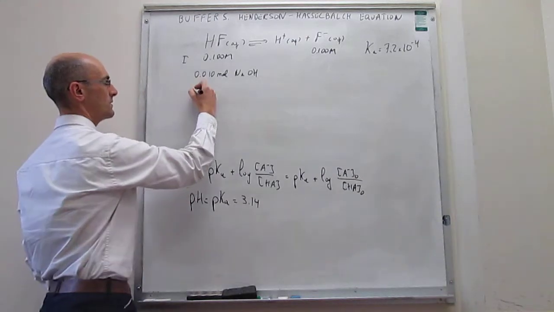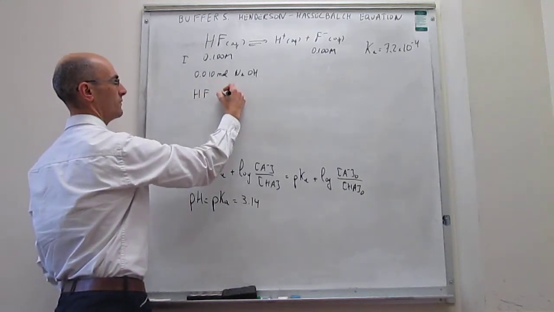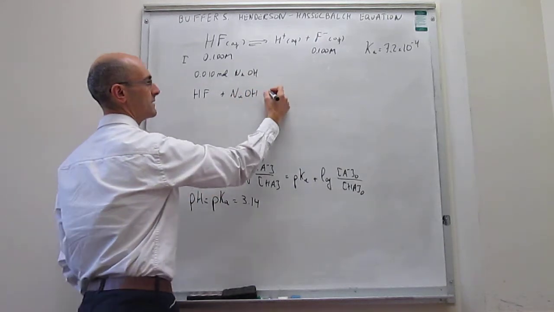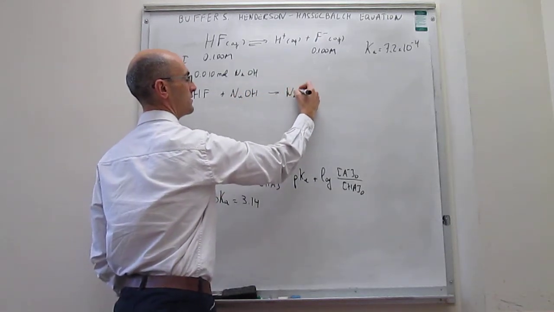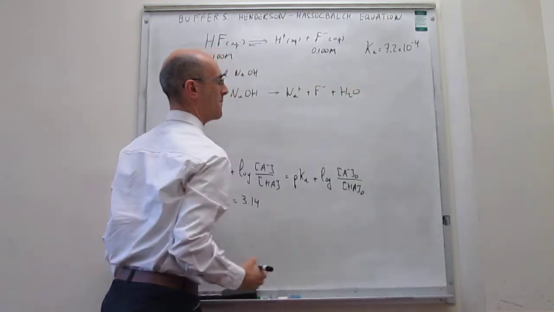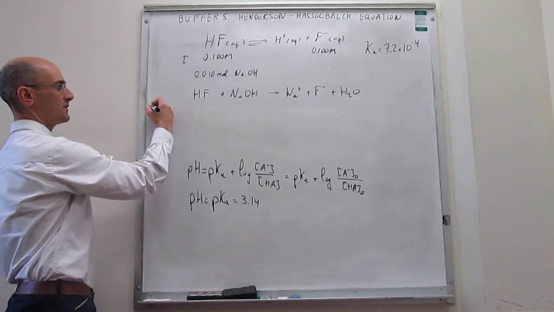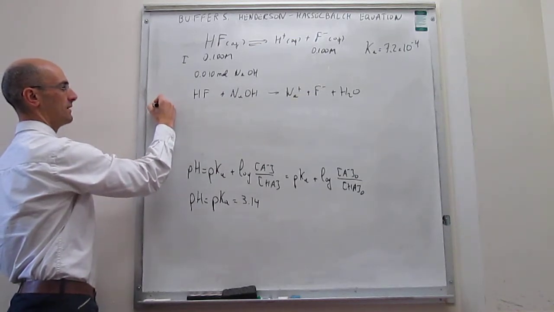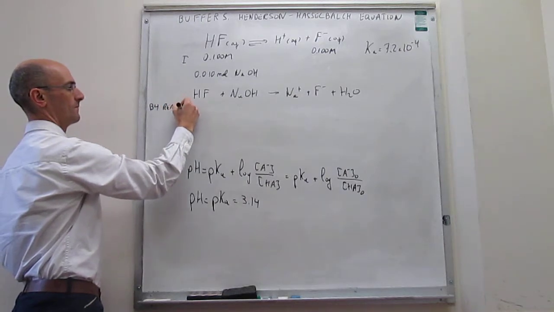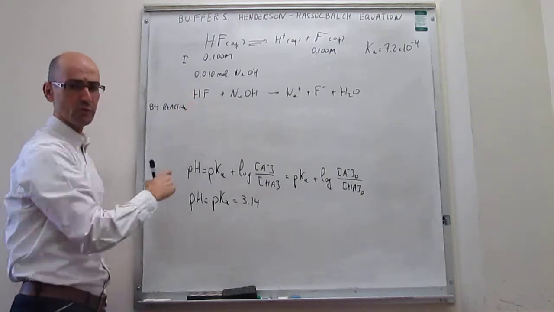Right, so what you do is write here the equation for the acid-base reaction. The base will react with the weak acid to generate sodium ions, fluoride, and then water. So we're going to write here the concentrations before the base is added, before reaction. Actually, we're not going to work with concentrations.